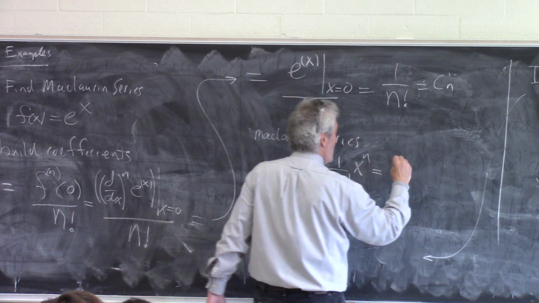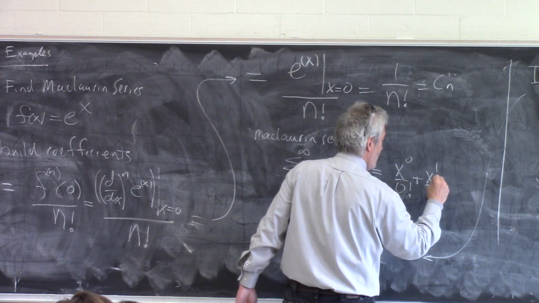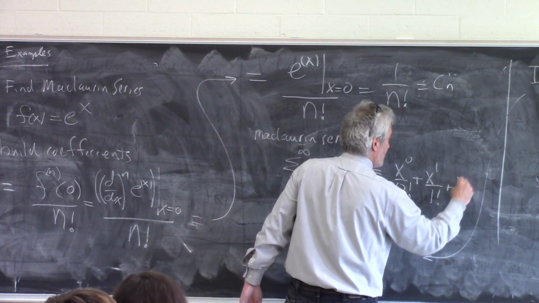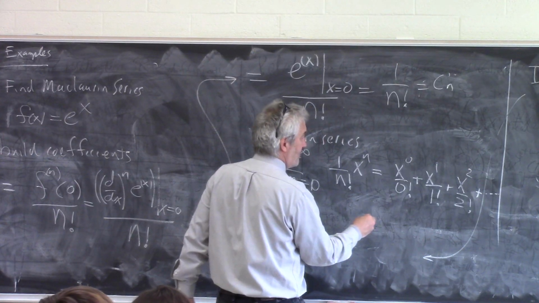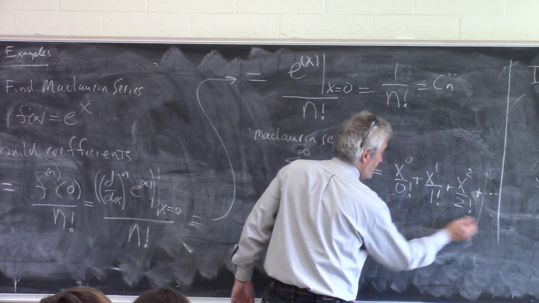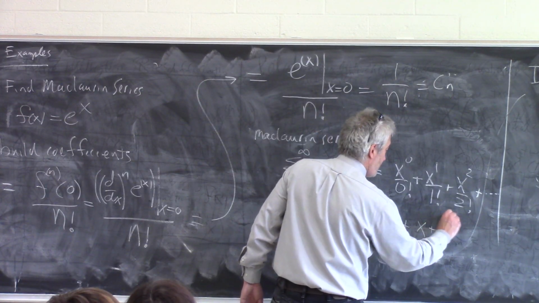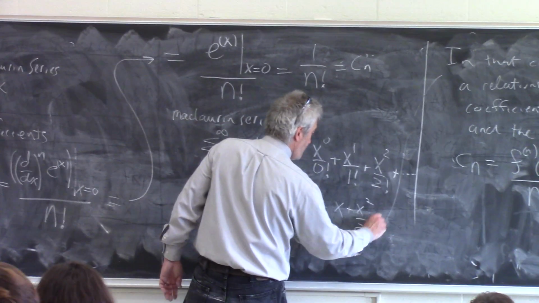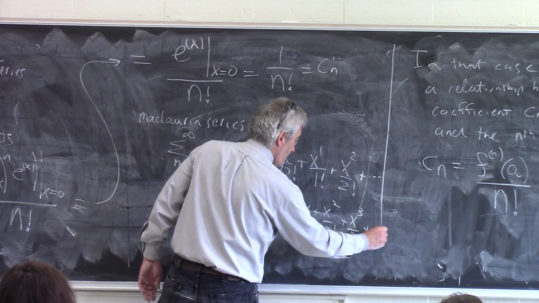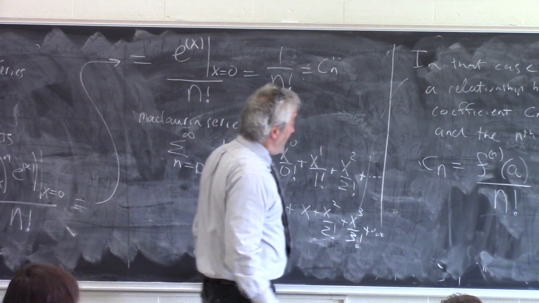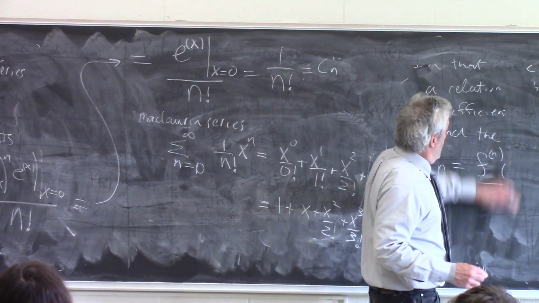So that would be x to the 0 over 0 factorial plus x to the 1 over 1 factorial plus x squared over 2 factorial and so forth. Remember, 0 factorial is just the number 1, so this is 1 plus x plus x squared over 2 factorial plus x cubed over 3 factorial and so on. That's the easy part. Finding the Maclaurin series.